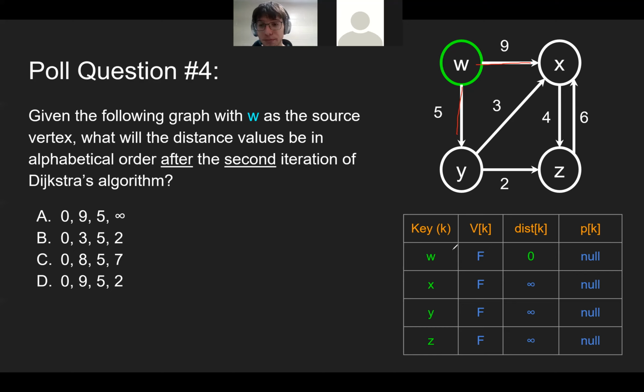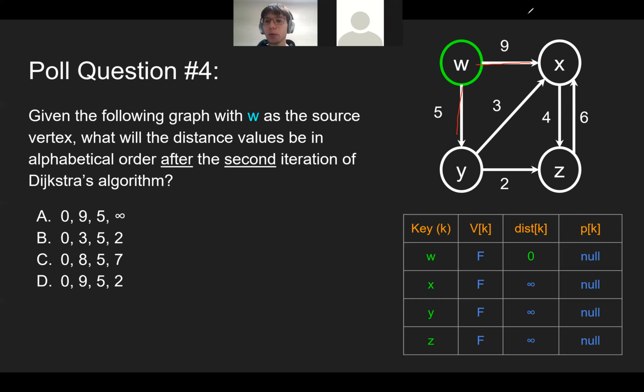So Z from Y is 7, and then Z from X is 13, so we don't use that option. So then the distance values in alphabetical order, I have 0, 8, 5, 7, which is option C.